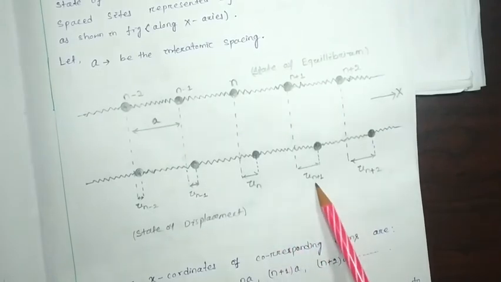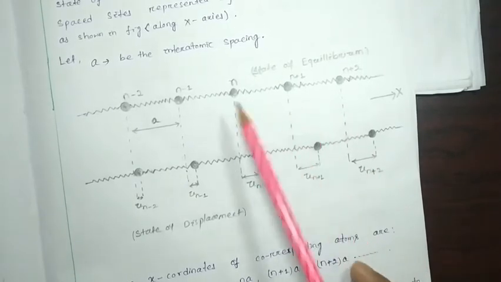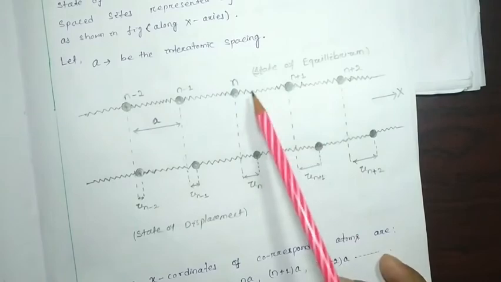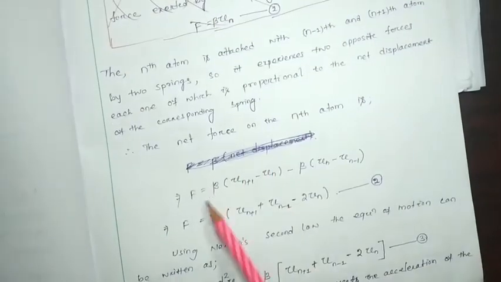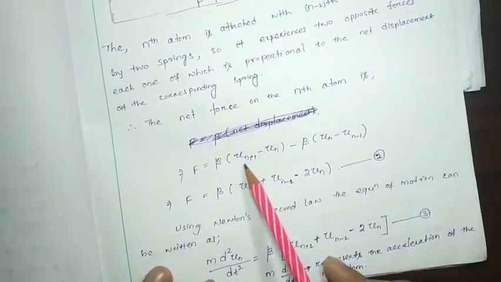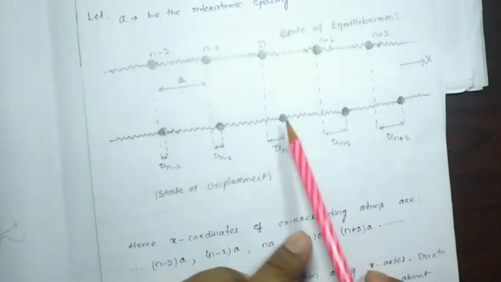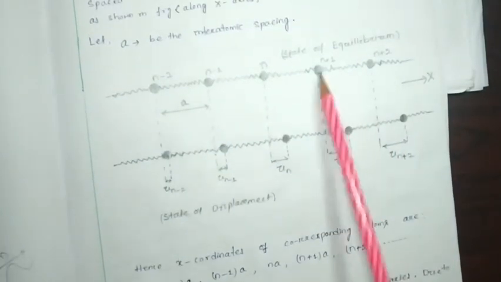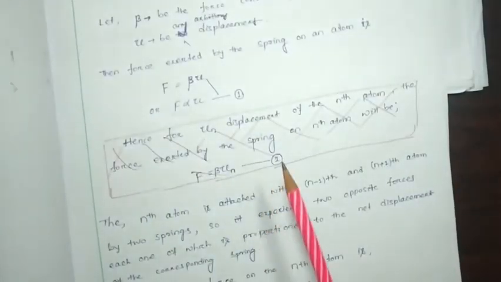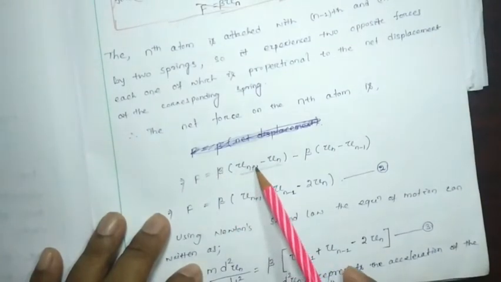Then the force exerted on this atom by that atom will be F equal to beta into un plus 1 minus un.